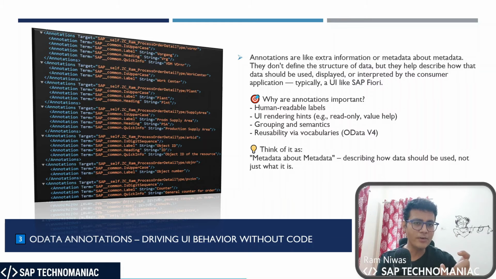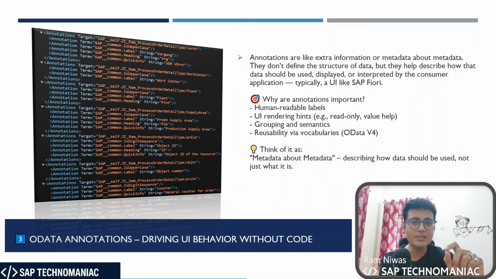For that particular field, metadata just gives the information that this is a character type field and its length is 10. But annotation will give further information: what is the value help for this particular field? What is the label for this particular field? Or can we edit this particular field or not? This kind of information will be given by the annotations.